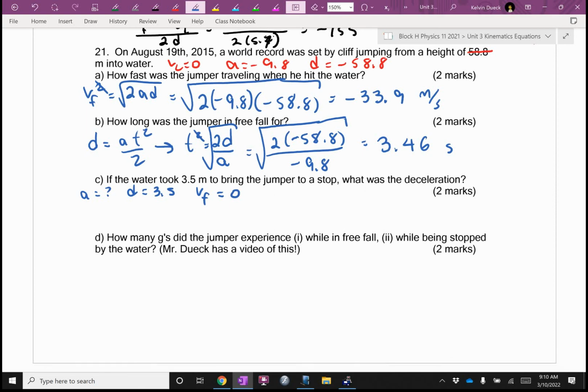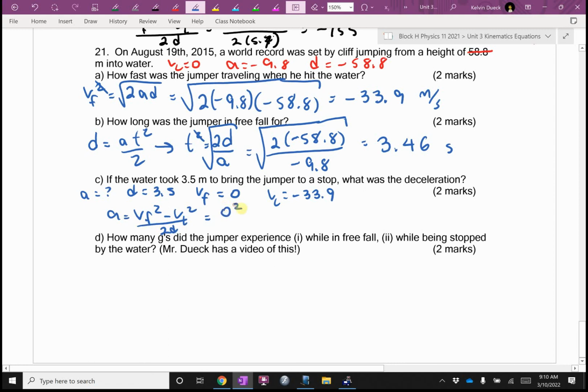Joanne? VI when I hit the water is VF at the bottom of the jump. How fast was I traveling when I started to come to a stop? Alex, the same speed as I hit the water because that's when I switched from free fall to being slowed down. Okay. Then it's going to be A equals VF squared minus VI squared all over 2D.